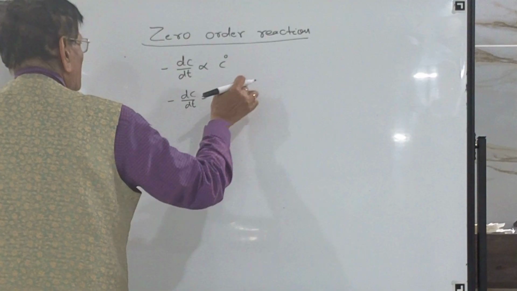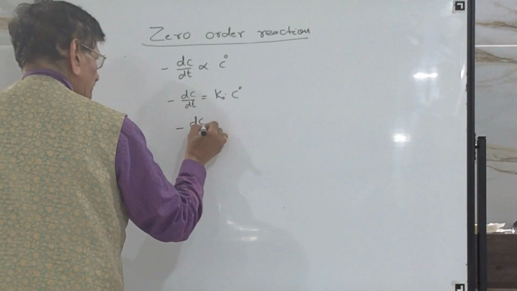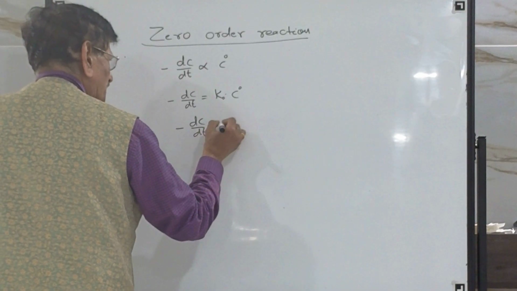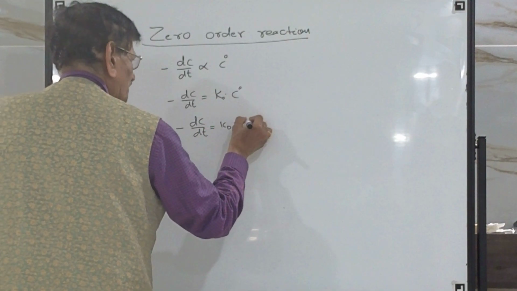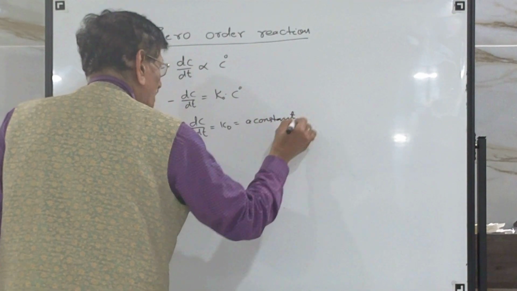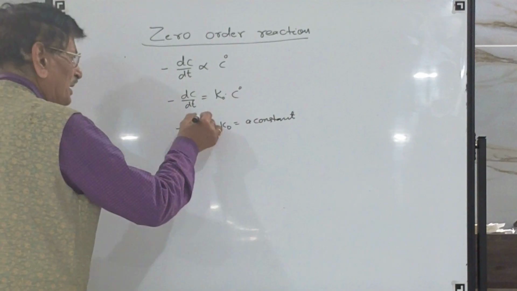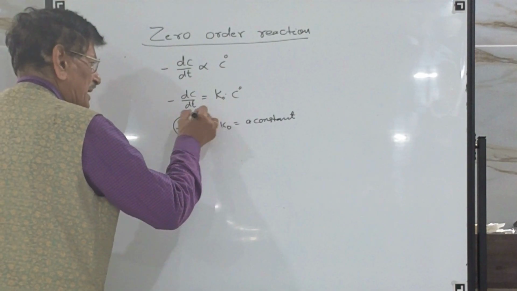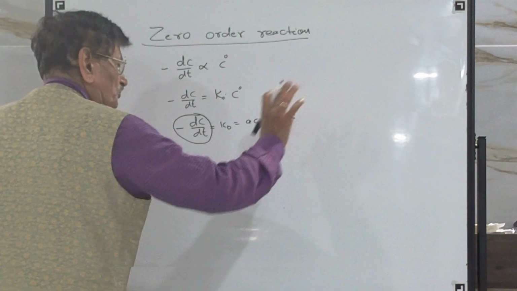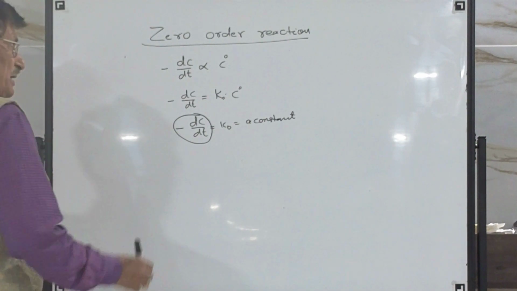And anything to the power zero is one. So minus dC by dt equals k naught, which is a constant. Thus, a zero order reaction is one whose rate remains constant throughout, from beginning to end.